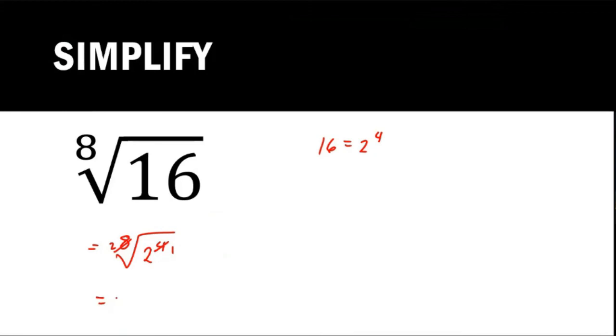So the answer now will be the square root of 2. Since the order is 2 already, we will no longer rewrite 2 as the index because it is understood that if there is no number in the radical sign, the order is 2.